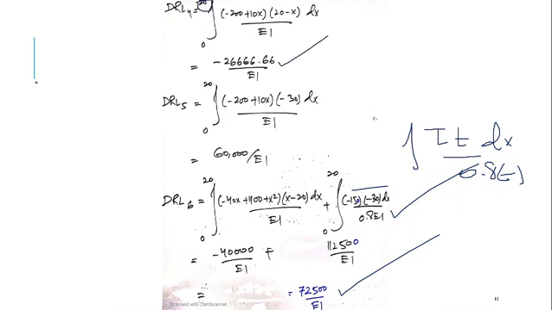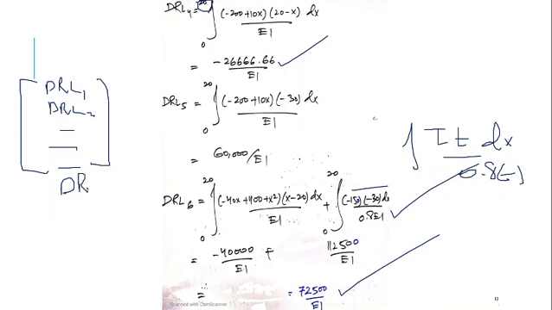Once the DRL matrix values are written like this: DRL1, DRL2, and you will go up to 1, 2, 3, 4, 5 and DRL6, you have to multiply with n inverse, and you should know the order of this matrix is 6 cross 6.